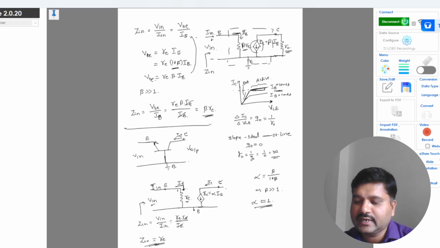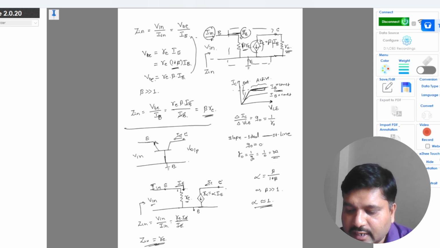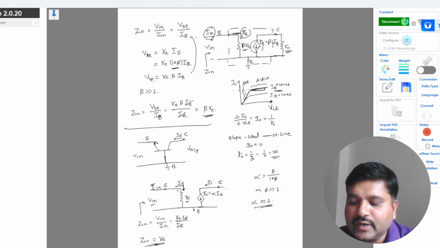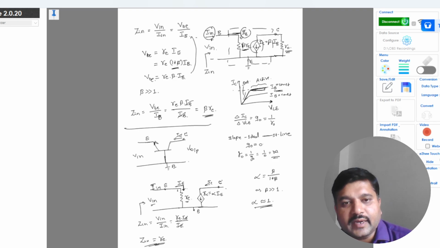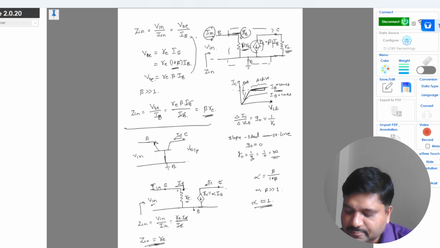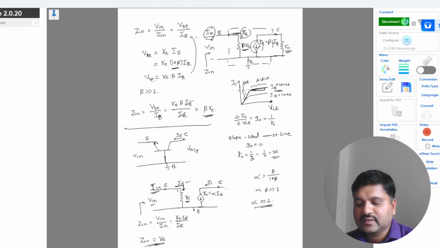Hence, when you are representing it in a small signal model, the input current I in will be IB for the common emitter configuration. So hence, with respect to the input current IB, the input impedance is beta RE. Whereas in the case of common base, with respect to IE, the input impedance is RE. Right? So this is the small signal model or the resistance model in a two-port network.